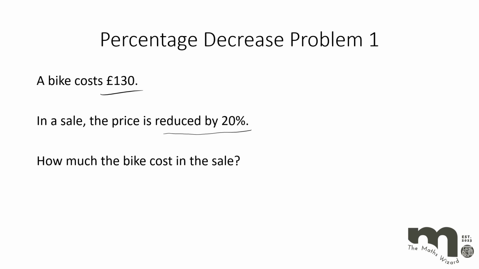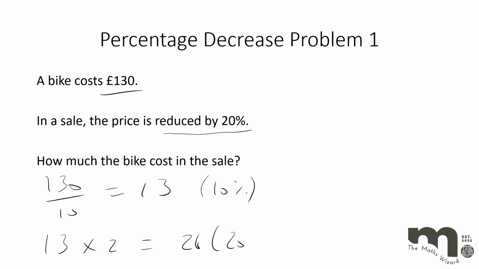Okay, so I'm going to show you the two ways of doing this then. So if you do 130 divided by 10, you get 13. That's your 10%. 13 times 2 is 26. That's your 20%. Then if we take that away, so we've got 130 minus 26, we get £104, which is the new price for our bike.